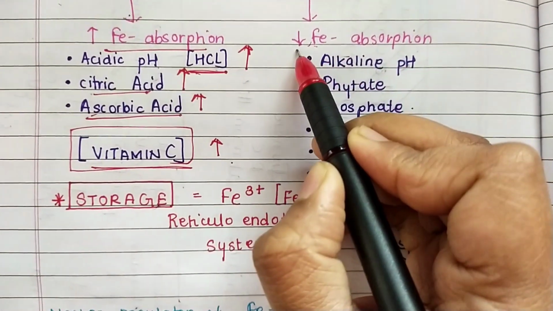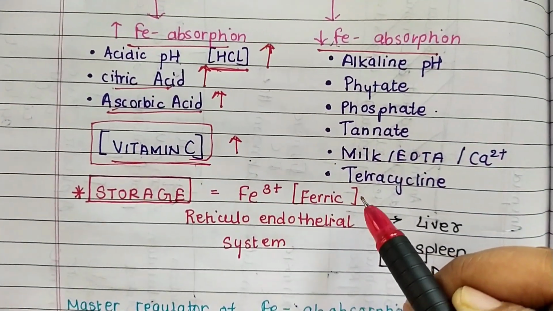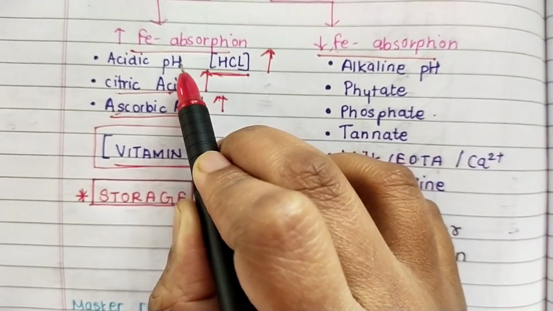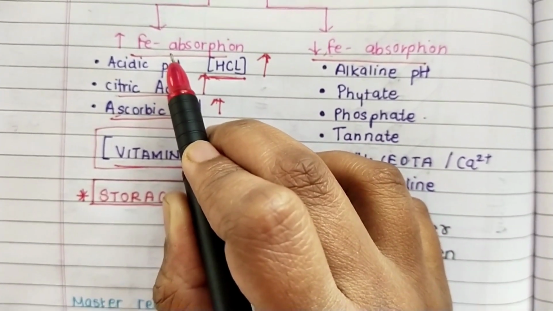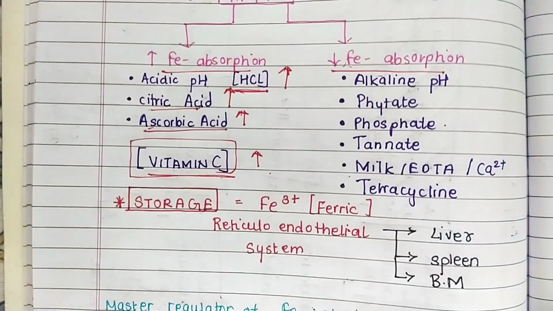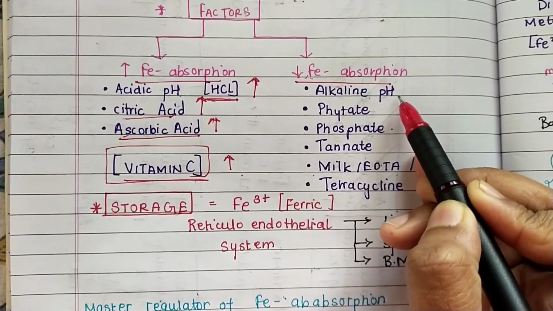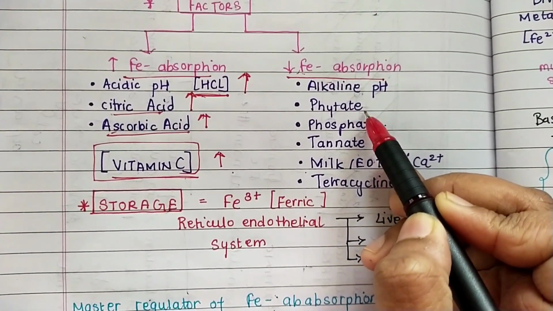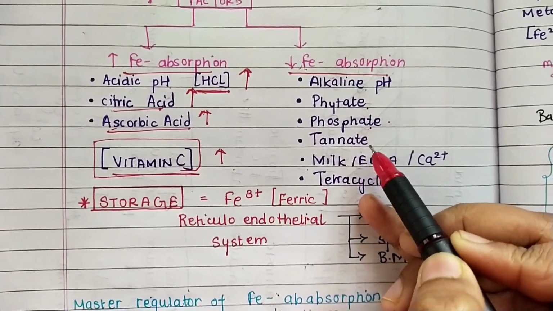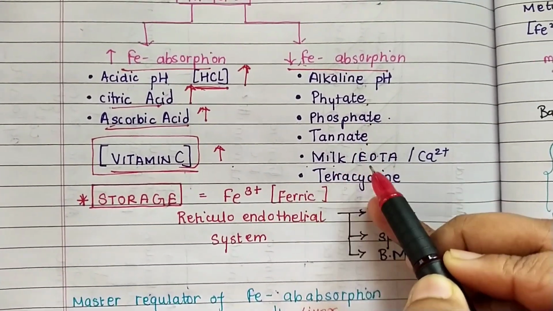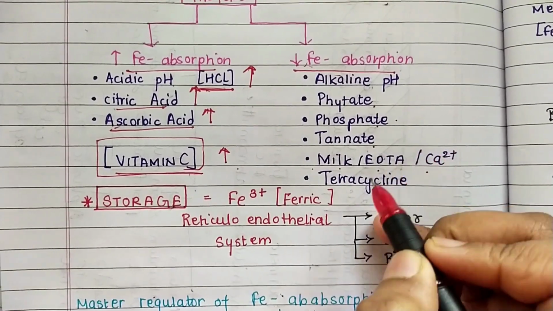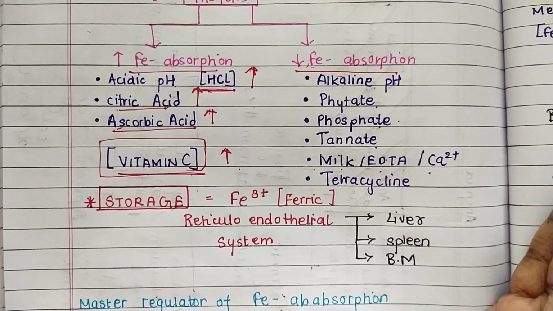Now how does iron absorption decrease? So the opposite: if there is an acidic pH, iron absorption increases, and in alkaline pH iron absorption decreases. Then phytate, phosphate, tannate, milk, EDTA and calcium also decrease iron absorption.